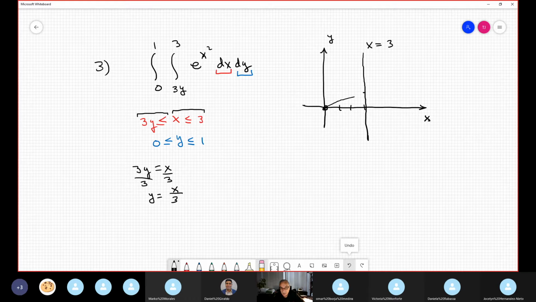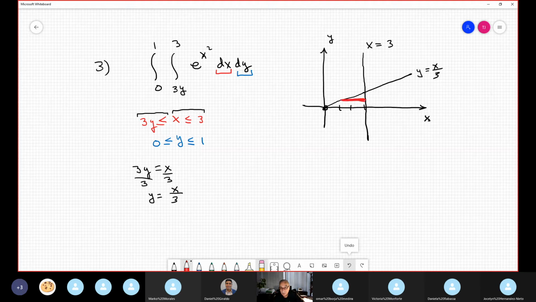This is my line, y equals x over 3. Now, the region. Somebody can set up this integral going from this line to the line x equals 3, in this direction. But let me use red color.